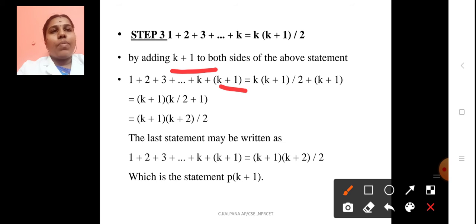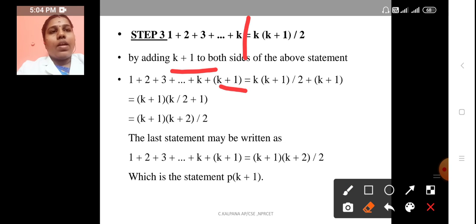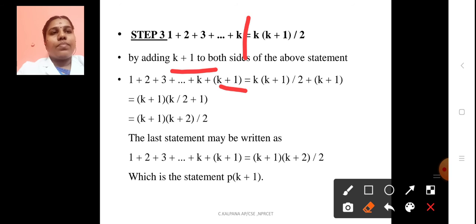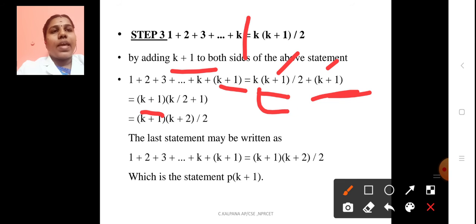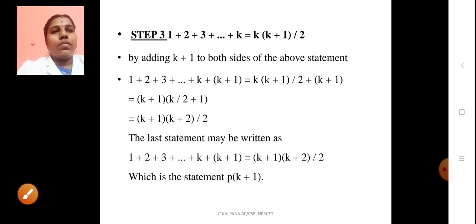Here, adding k plus 1 here and adding k plus 1 here. So k plus 1 equal to k into k plus 1 by 2 plus k plus 1. You can take k plus 1 common, k plus 1 into the remaining answer, which is k by 2 plus 1.